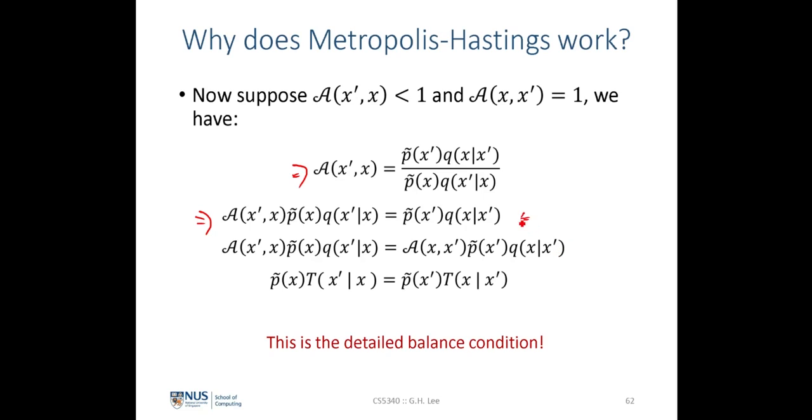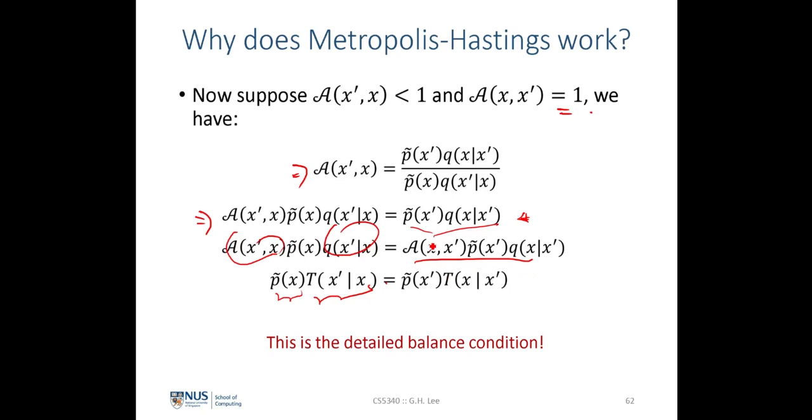Since a of x and x prime is equal to 1, we simply multiply this term by 1 to get this term. What's interesting is that we can collectively write a and q as our transition kernel, pre-multiplied by our unnormalized probability. On the right-hand side of the equation, we can do the same thing.